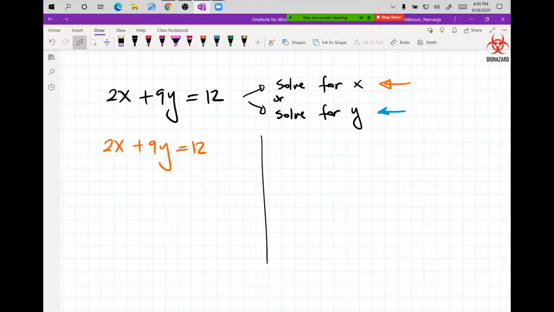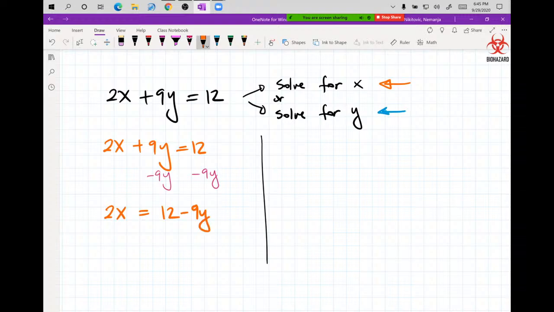So now if I want to have x alone, I have to get rid of 9y. That would be the first step. So here I am getting rid of 9y. Now 12 and 9y are not like terms, so I can't combine them. I can just have this as 12 minus 9y.